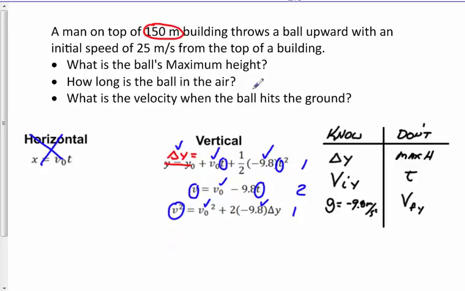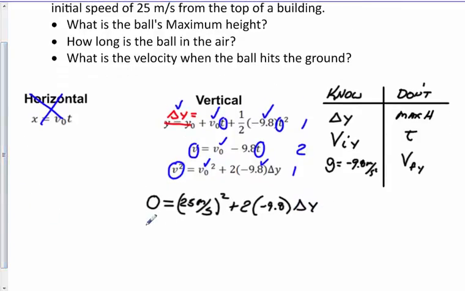I'll do this in black. 0 is going to be my velocity at the top, is equal to my initial velocity, which is going to be 25 meters per second, and we will square that, plus 2 times negative 9.8 meters per second squared times delta y.